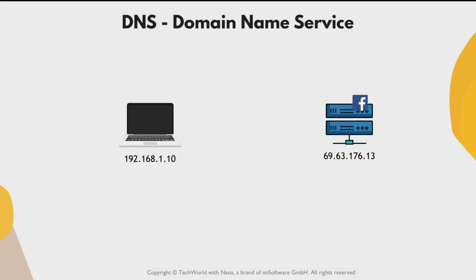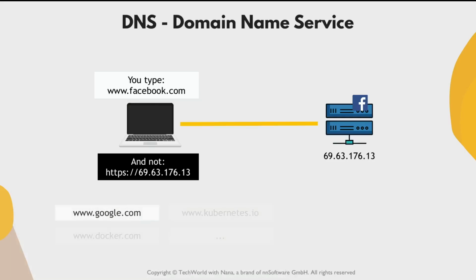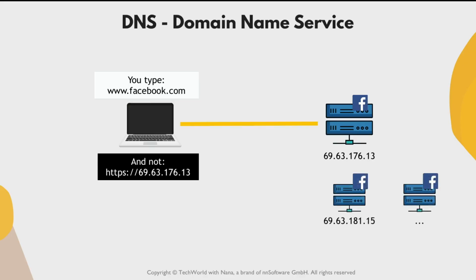And we saw that every device can talk to any other device using its IP address. But when you visit the Facebook application, do you type in the IP address in the browser? Or when you visit any other website, you never just type an IP address, right? Why is that? Because the Facebook.com application runs on many computers which each have their own IP address.